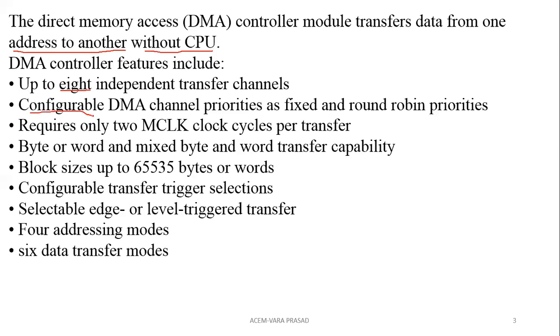Then come to here. Configurable DMA channel priorities, which we already studied. What are those priorities? Fixed priority and round robin priority. And it requires 2 M clocks. How many clocks? 2 M clock cycles are required for one data transfer. Please remember, for one data transfer we require only 2 M clocks.